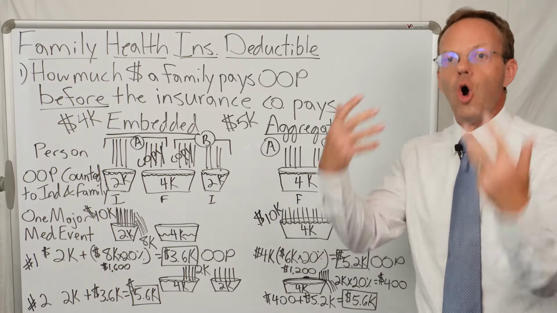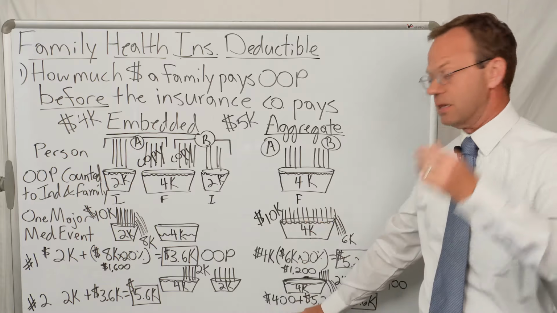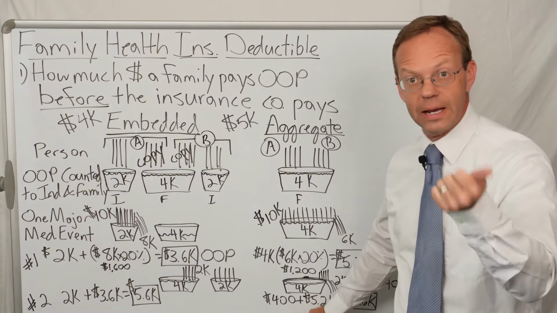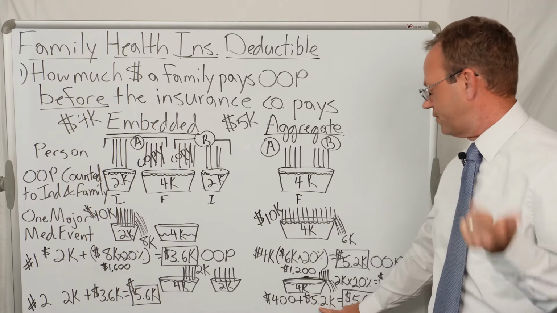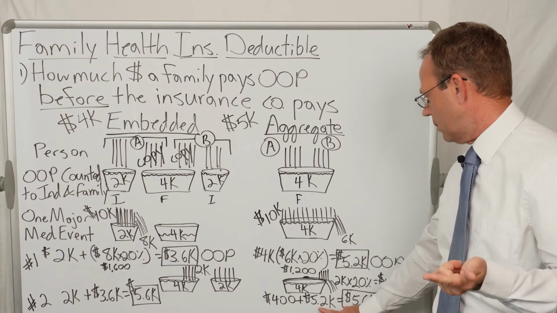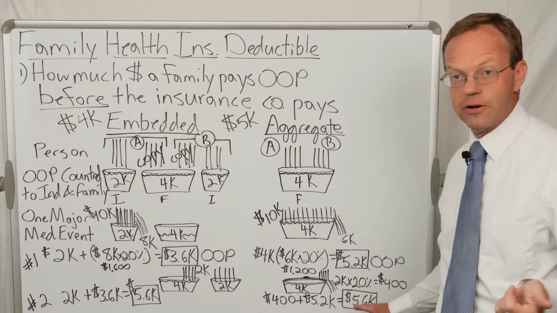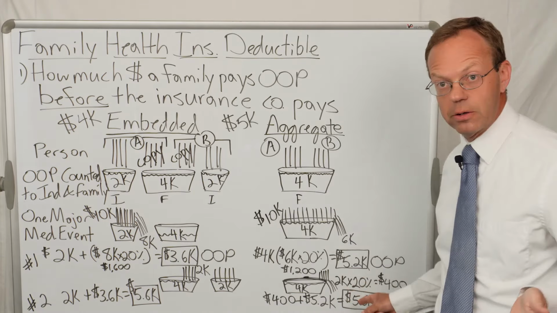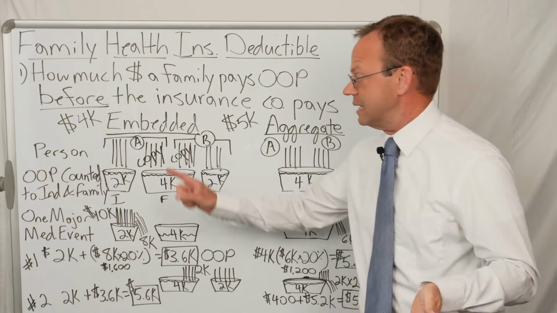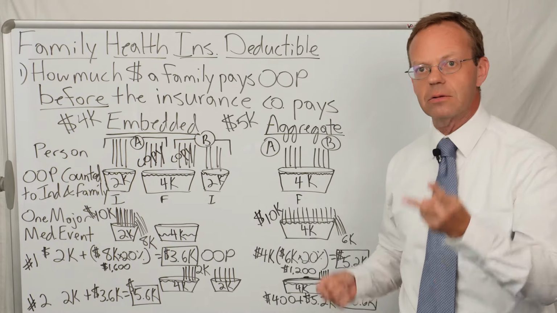To figure out the total out-of-pocket cost for the aggregate deductible, you take the $400 that person number 2 had to pay, plus the original $5,200 that person number 1 had to pay, and that gets you $5,600. Look, it's the exact same amount for the aggregate deductible as the embedded deductible, but only when you have a second person that has medical expenses.